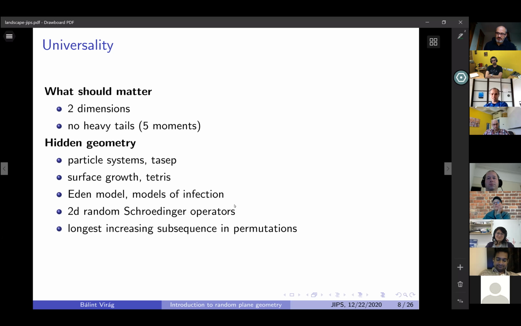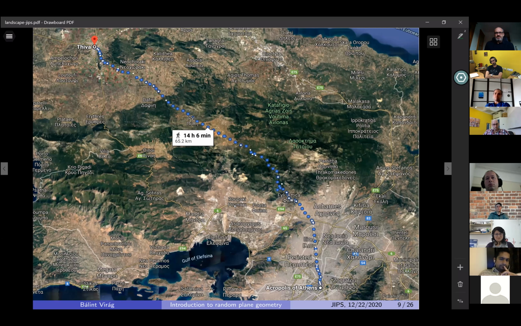You expect that kind of thing there. Longest increasing subsequences in permutations, you will see. I'll talk about that. And I think the most exciting one is really random matrices. The connection there, I would say, is still only partially understood. It's one of the things that I'm really interested in.